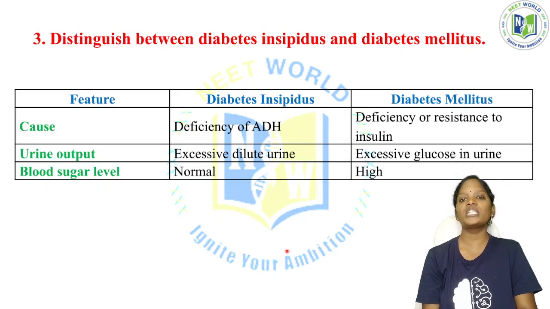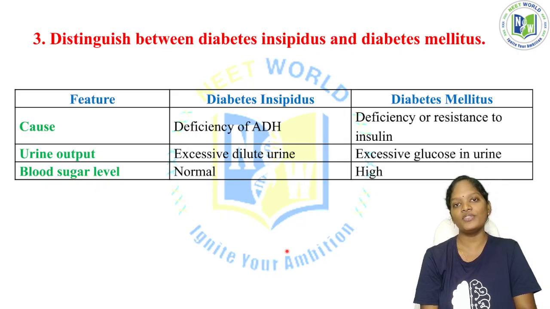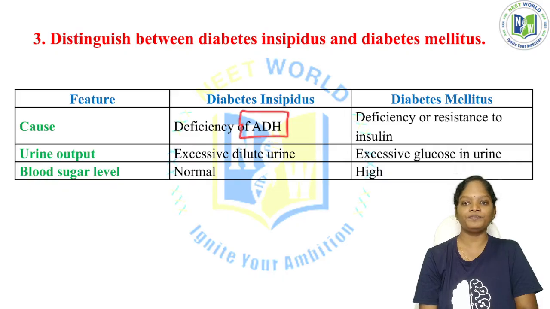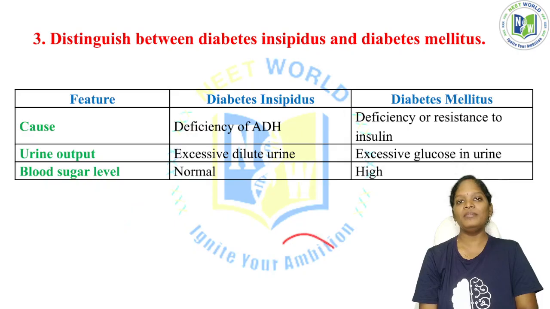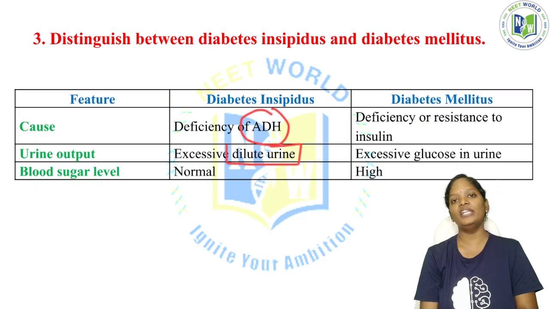Okay, now who is responsible for the reabsorption of this water? That is the antidiuretic hormone. Okay, so if this antidiuretic hormone is not functioning properly, more water is eliminated from the body. So in the deficiency of ADH, this results in excessive dilute urine.